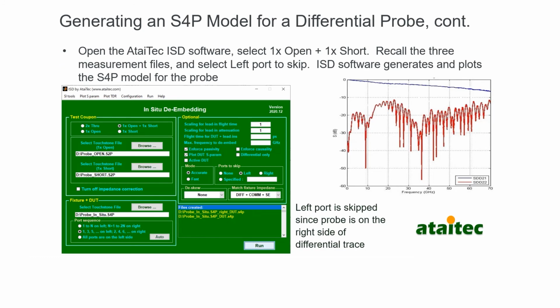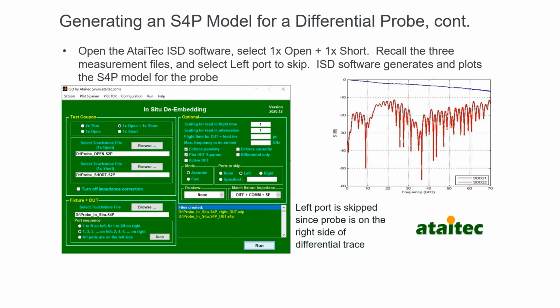Here is a screenshot of the AtaiTec software. On the left-hand side, we load the open, the short, the in-situ, and then we select auto, which verifies that our ports are correct. And then ports to skip on the right, meaning that it's not going to be developing a model for the left side, it's going to be for the right side.